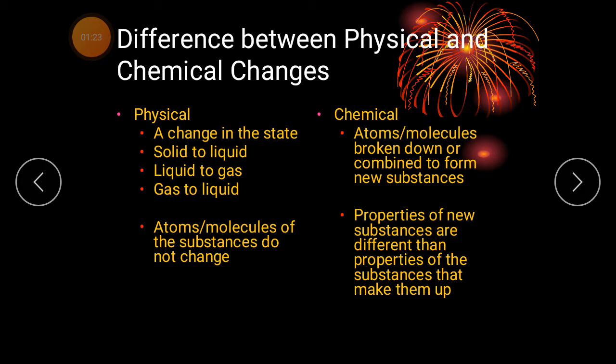When atoms and molecules are broken down or combined to form new substances. In physical change, atoms or molecules of the substances do not change, but in chemical change, what happens? Properties of new substances are different than the properties of the substances that make them up.